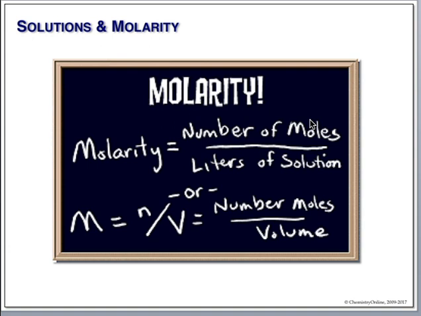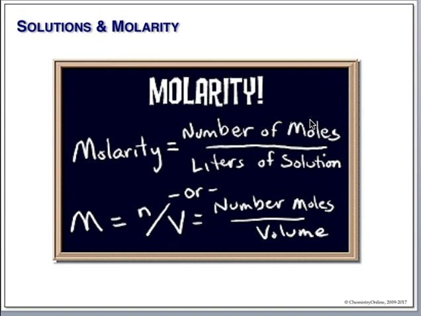Molarity, very simple, is the number of moles divided by the liters of solution. Very, very simple concept. Number of moles divided by liters, has to be liters, of solution.